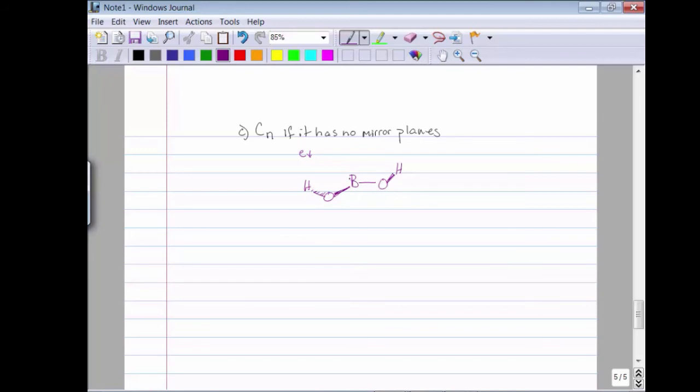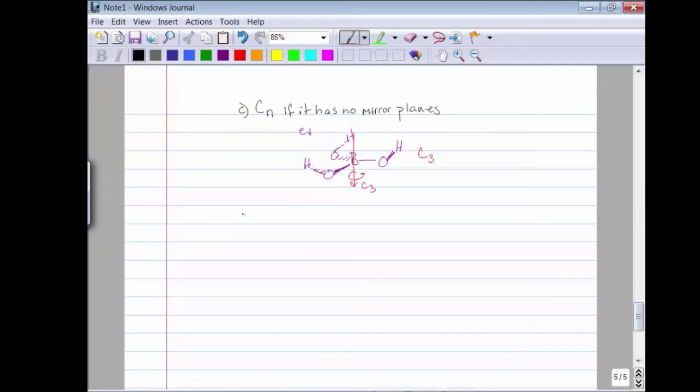The thing is, the hydrogens are pointing kind of up out of the plane. And so there is a C3 here, but there's no mirror plane anywhere in the molecule because the hydrogens are out of the plane of the molecule. So this would be just a C3 point group.